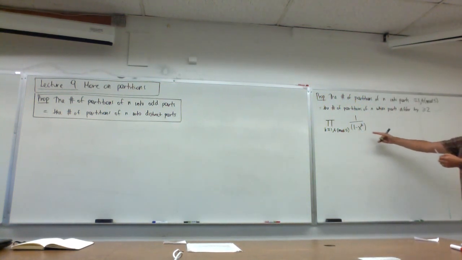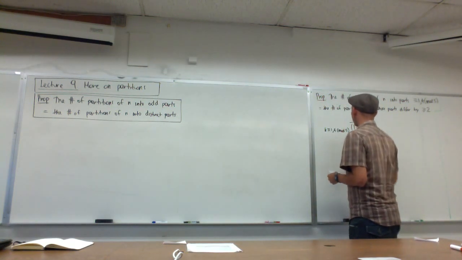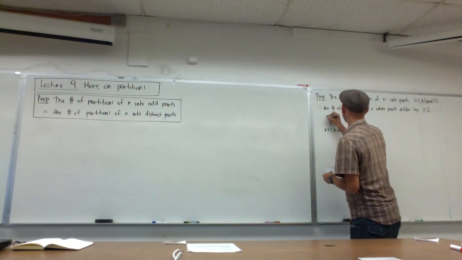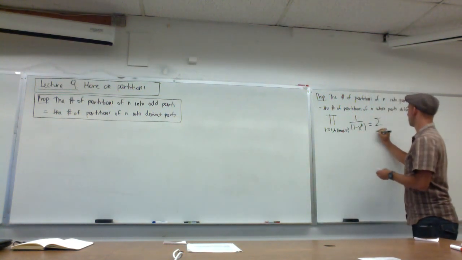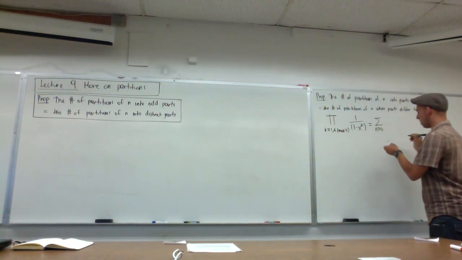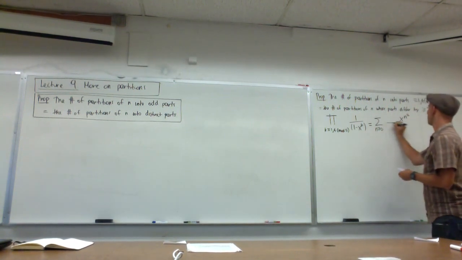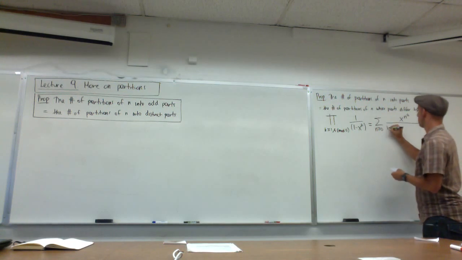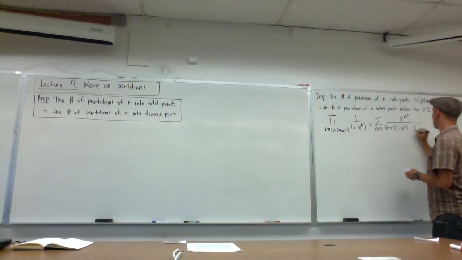So this is the generating function for the left-hand side. This is equal to the sum over n greater than or equal to 0 of x to the n squared over 1 minus x squared up to 1 minus x to the n.